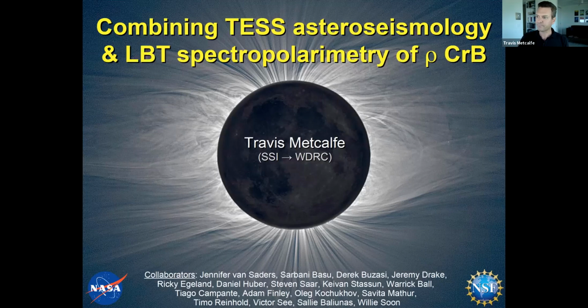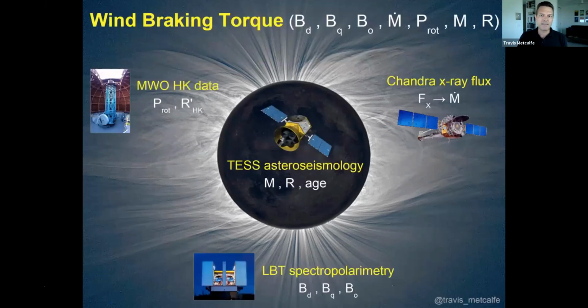What I'd like to share with you today is the most direct evidence yet of what causes this change in the relationship between rotation and activity beyond middle age, and in particular that a shift in magnetic morphology is what's responsible.